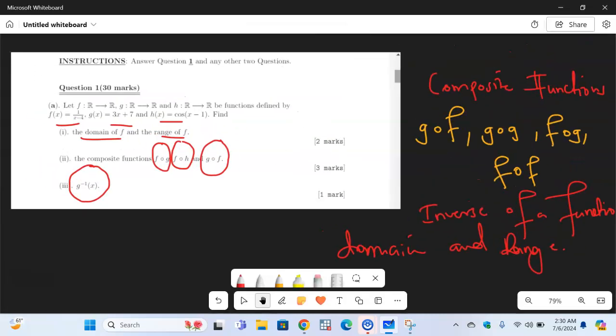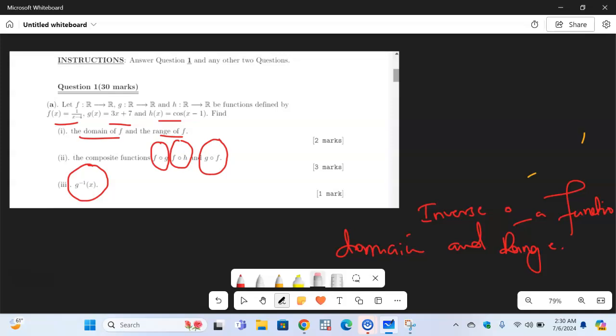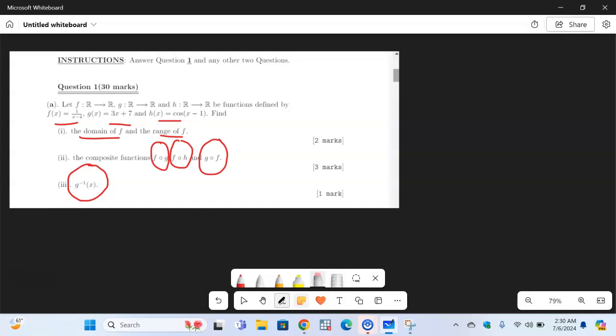So allow me to clear this, so that we start off from this question. Let me just minimize this size.